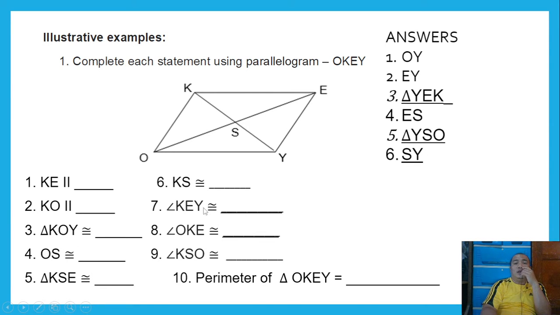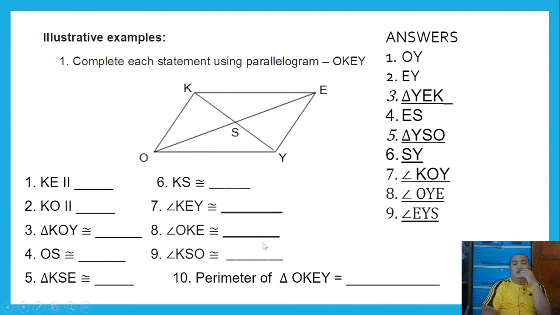Number 7, angle KEY is congruent to, yes, opposite angles are congruent, so angle KOY. Number 8, angle OKE is congruent to angle EYO or OYE. Number 9, angle KSO is congruent to angle EYS.